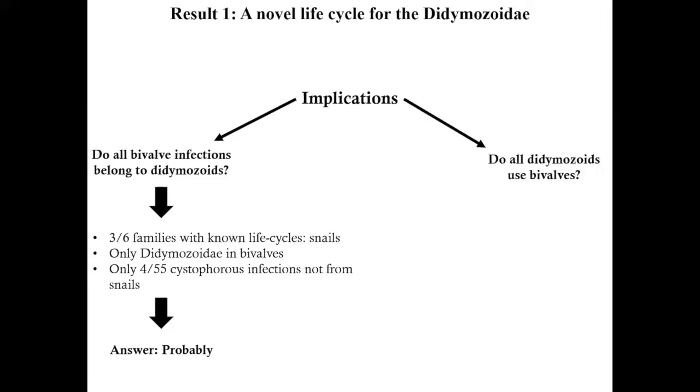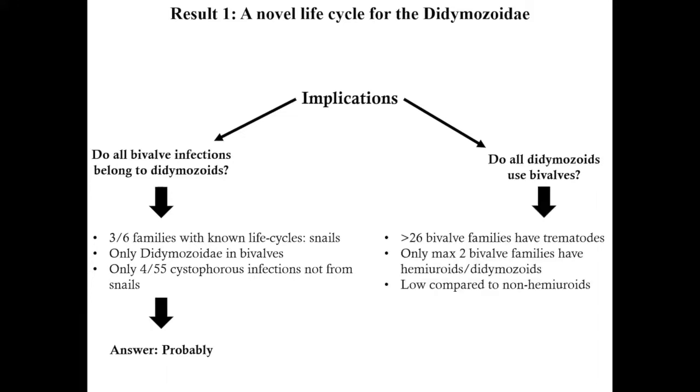The second question to ask is whether all didymozoids use bivalves, and this one is trickier. We know that above 26 species of bivalves are used by trematodes as first intermediate hosts. However, only a maximum of 2 bivalve families have hemiurids and didymozoids in them. And this is very low compared to, for example, a non-hemiurid family like the Bucephalidae, another trematode family that is found only in bivalves, but they use 20 families of them.